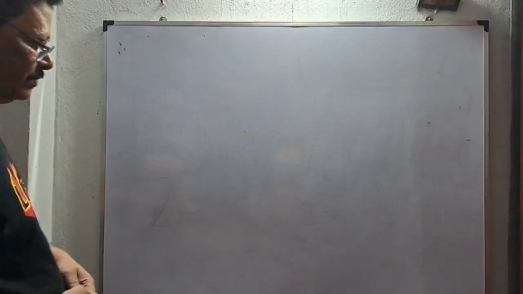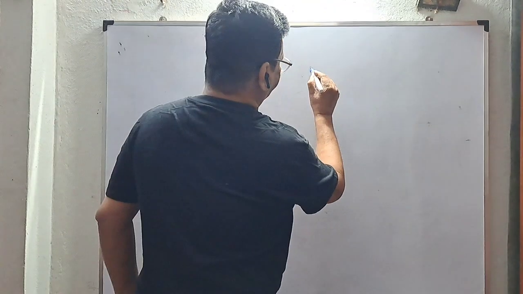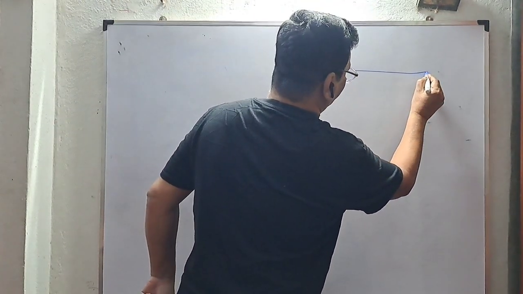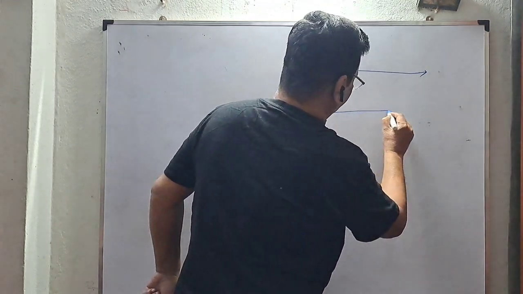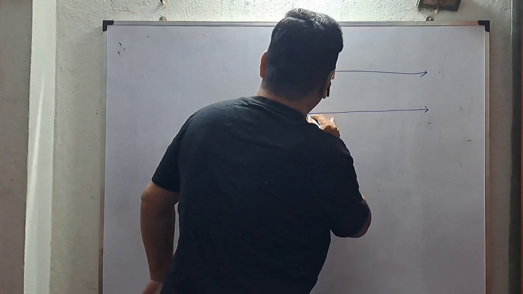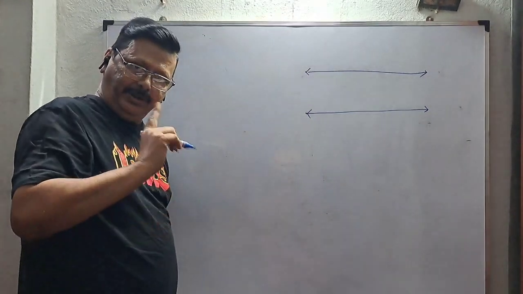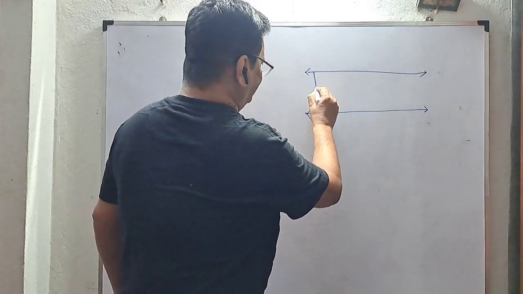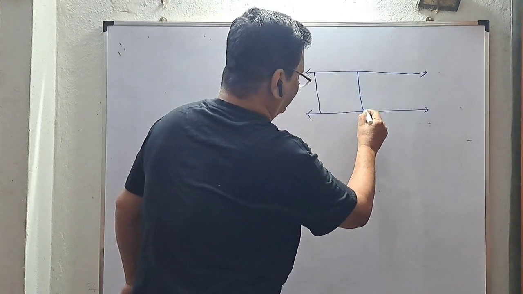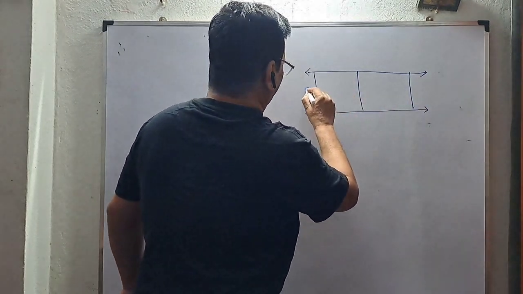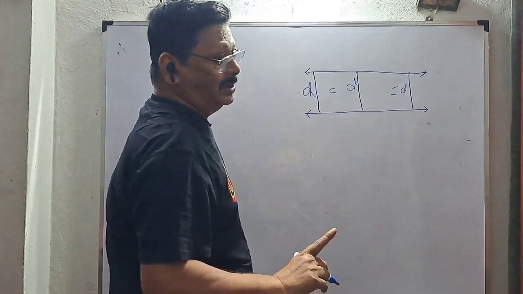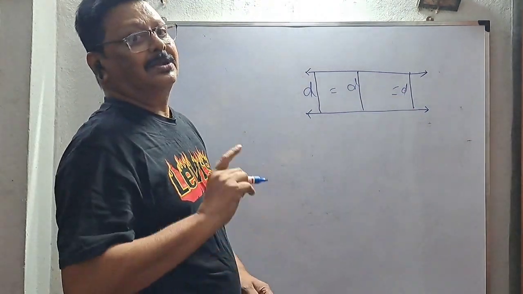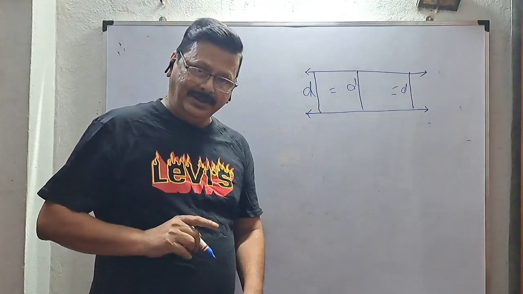Correct? So we have a line like this and a line like this. They are parallel lines because the distance everywhere is the same, equal to t, equal to t. This means that parallel lines meet at infinity.